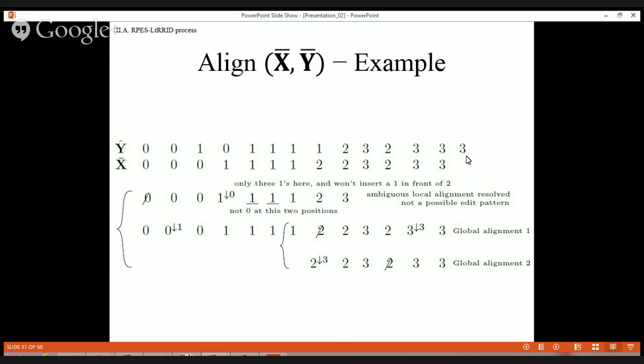And then the last run to match in Y hat is the length 3 run 3. In X it's a length 2 run 3. So L1 equals L plus 1.